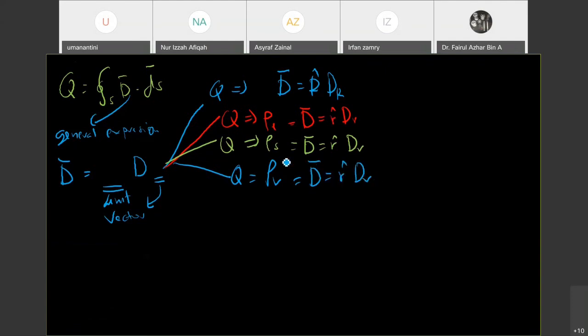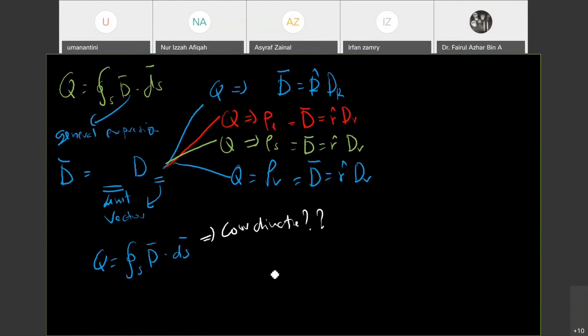Okay, so once awak dah boleh tentukan all those parameters, then we can solve lah. So Q is equal to closed surface integration D dot ds. Okay, yang menjadi masalah utamanya adalah untuk tentukan coordinate system.